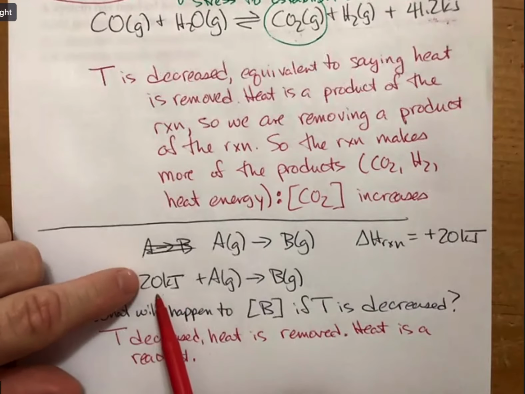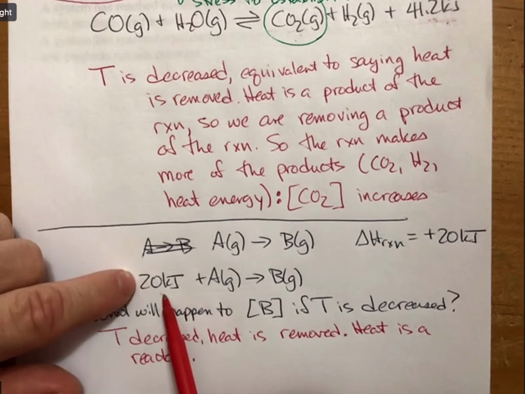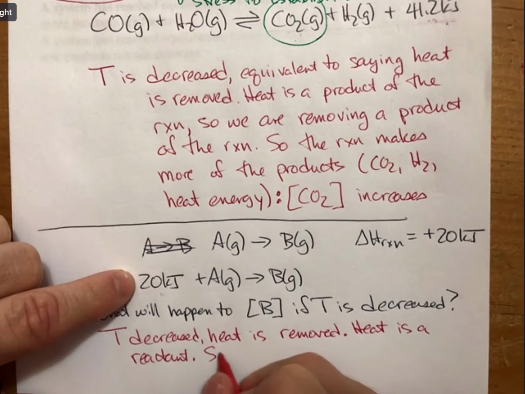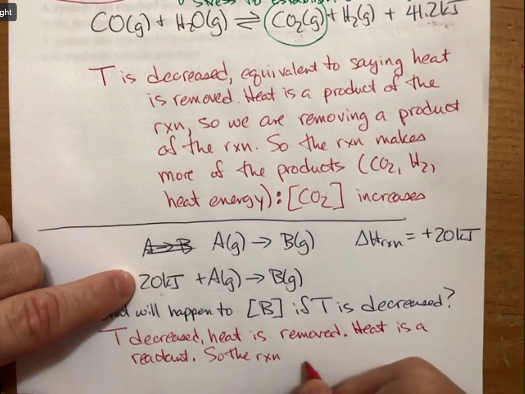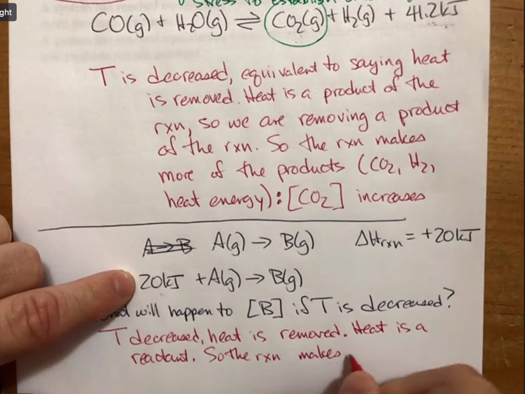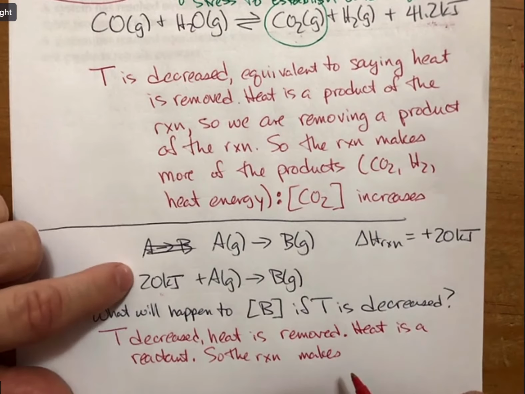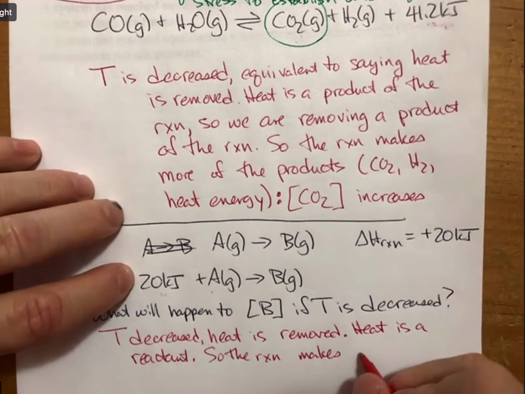So the reaction makes more of whatever was taken away. That's what I mean by counteracts. So the reaction makes more of whatever was taken away, so it makes more reactants this time.